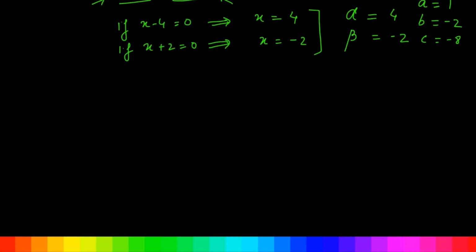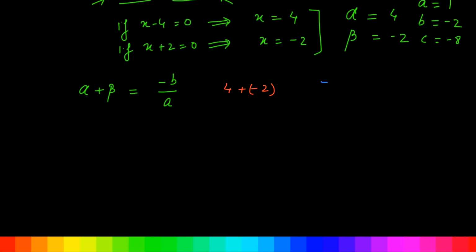We know that sum of zeros, that is alpha plus beta, is equal to minus b over a. Now putting the values, alpha is equal to 4 while beta is equal to minus 2.